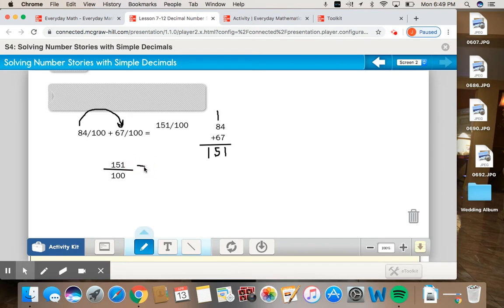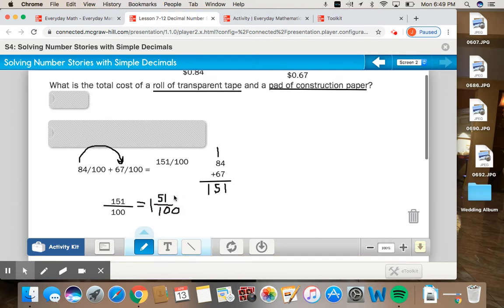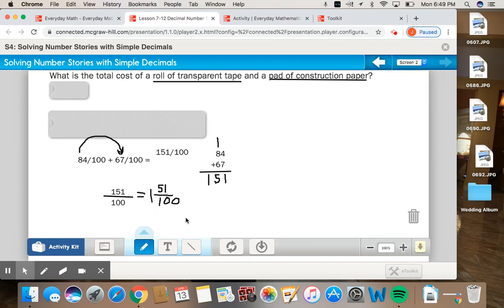I went over one whole, so I know I have at least one whole. I went over one whole by 51 hundredths. Well, how much money is that? 1 and 51 hundredths? How much money would that be if I had to write it as a decimal?